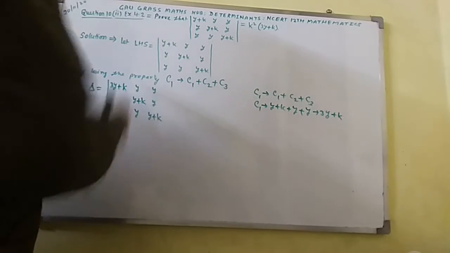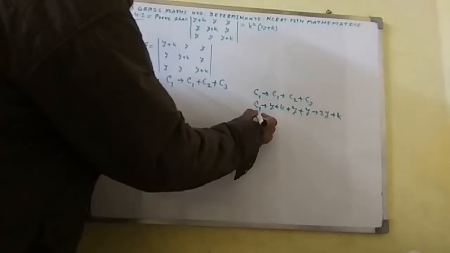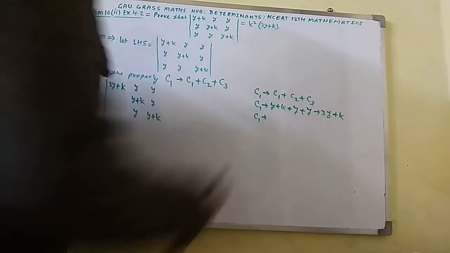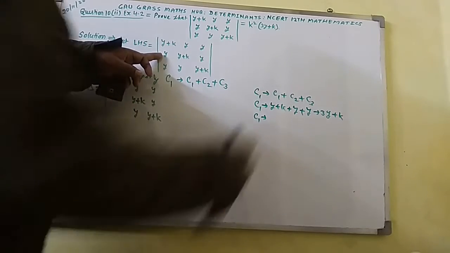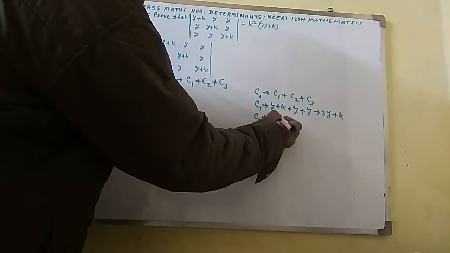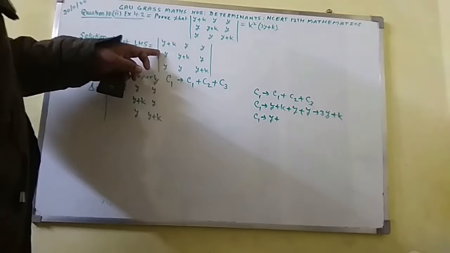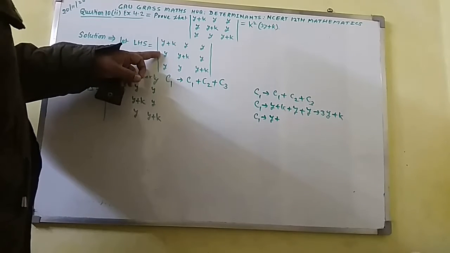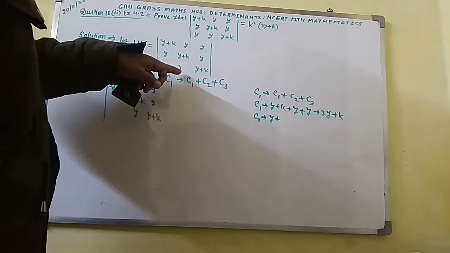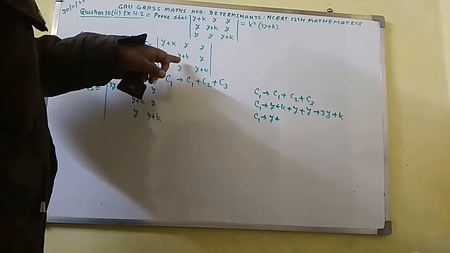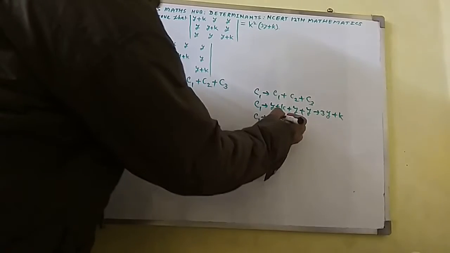And again C1 goes to, if I take the element of C1 as y, so here write y plus the corresponding element of y in the second column will be y plus k. So here write y plus k.